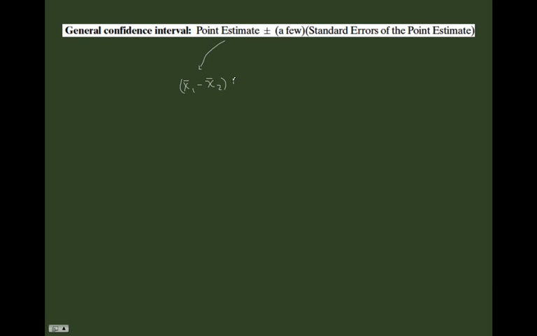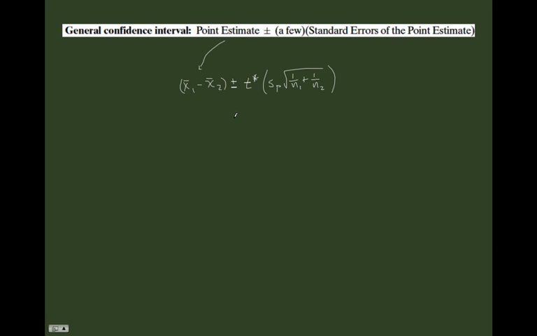Then we're going to create the interval by adding and subtracting a few, t star tells us how many, standard errors. So then we have this formula for the standard error. And that's the general pattern here.